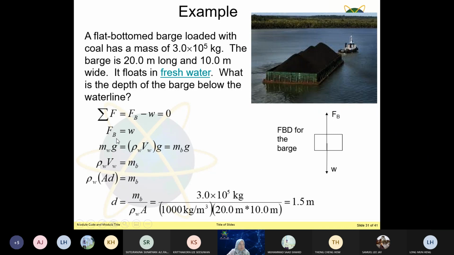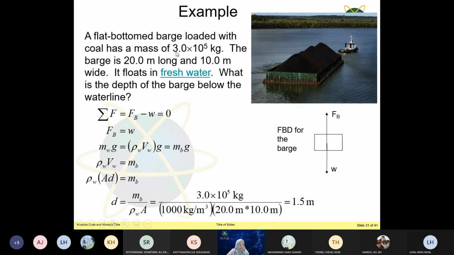Buoyant force equals weight. So for the buoyant force, from the previous slide, we have seen that F equals mg, m equals rho V, multiplied by g. And then finally, if the distance is given, the distance will be m over rho A.